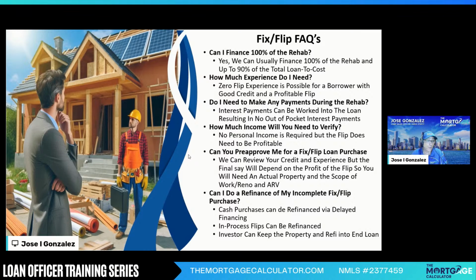Then what proof is it that this situation is not going to happen again? So they may actually ask the borrower to bring some money to the table if it's an in-process flip that's being refinanced. And then, of course, with the BRRRR transaction, the investor can definitely keep the property and refinance it into a permanent loan.